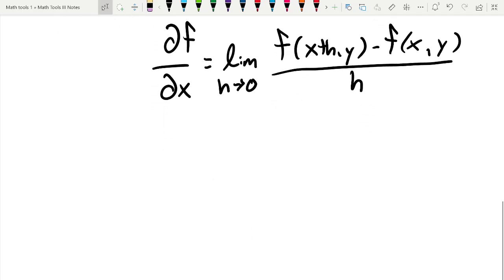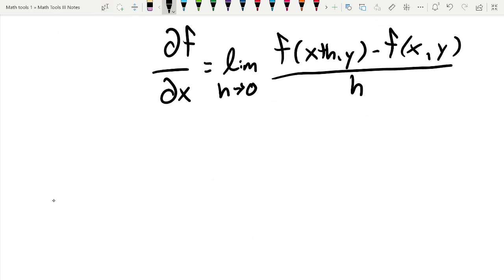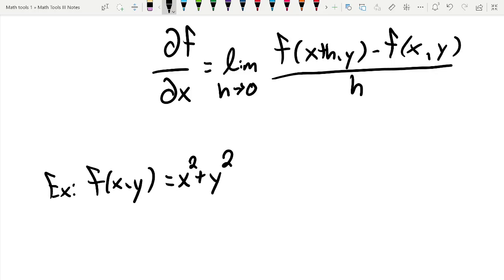So say, as an example, we have this function f of x, y equals x squared plus y squared. If we want to take the derivative with respect to x, we take the derivative as we normally would. By the power rule, the derivative of x squared is 2x.